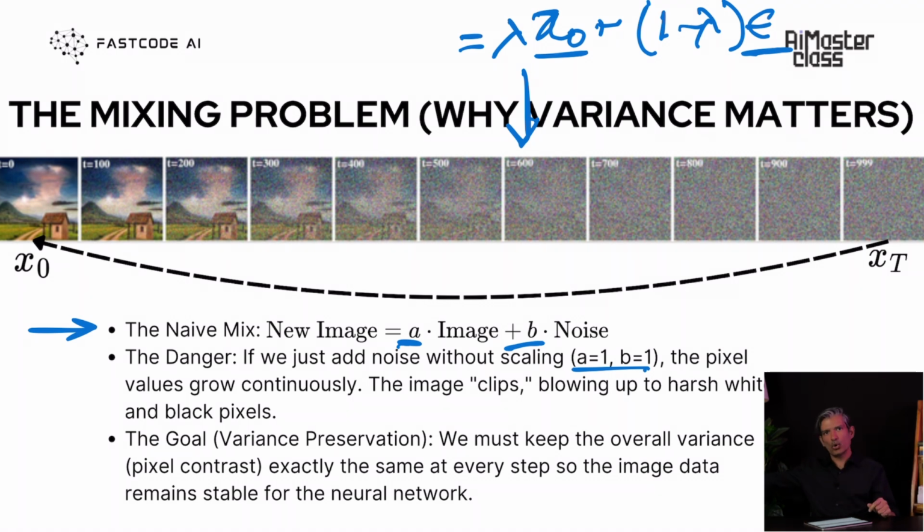Your contrast will go to the other extreme, a completely white image. So the image clips, blowing up into harsh white and black pixels, and the goal is variance preservation. We must keep the overall variance, the pixel contrast, exactly the same at every step, so the image data remains stable for the neural network.